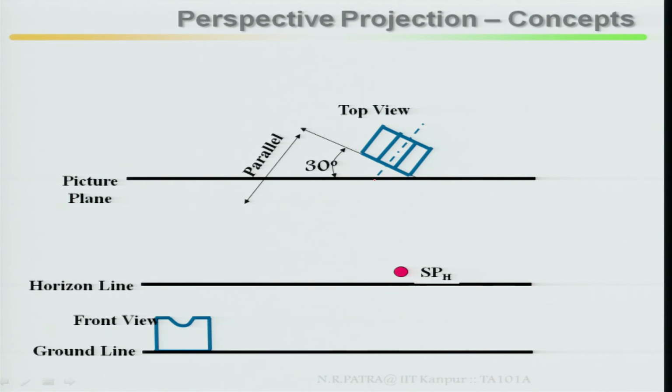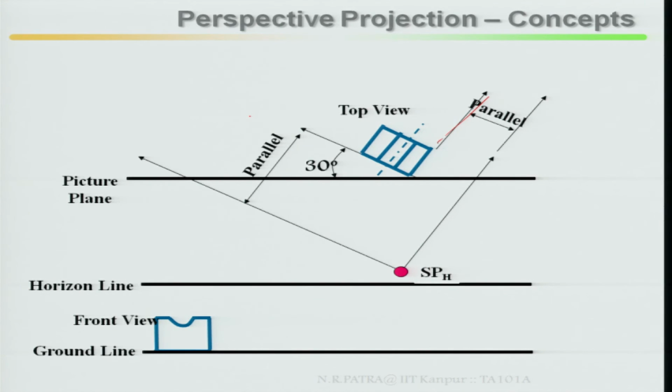Then from the station point draw lines parallel to the two edges: one edge going here, the other edge going here. Draw a parallel line to the left hand side edge where it intercepts the picture plane, and from the station point to the right edge draw a parallel line.